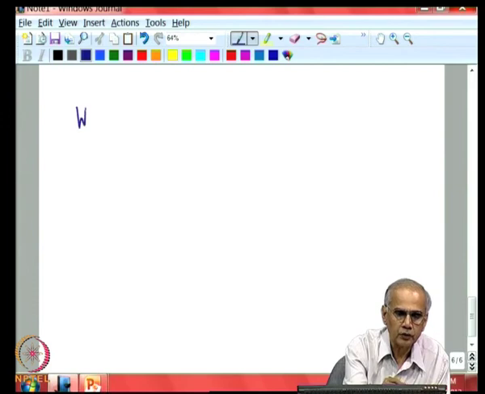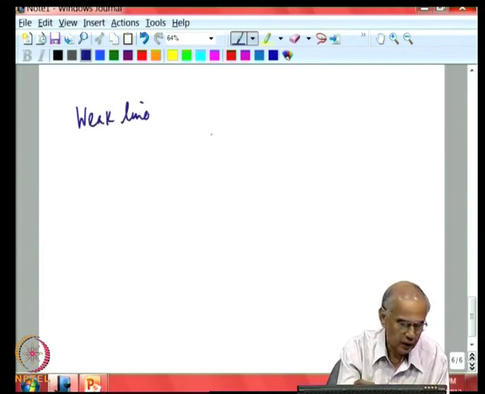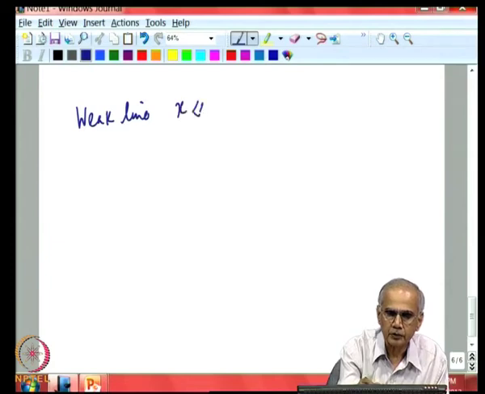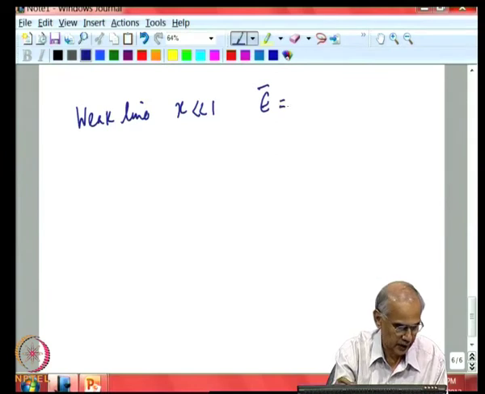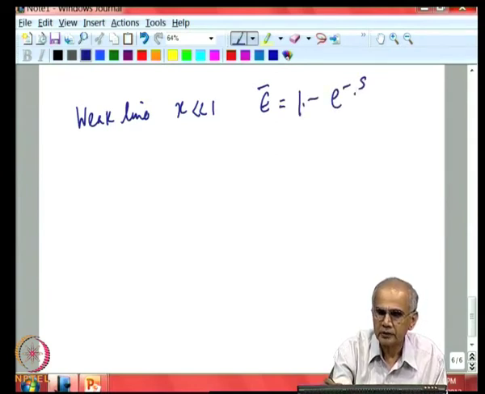One is of course the so called weak line limit, that is when the path length is very small, then one can show that the mean emissivity of the gas is 1 minus e to the minus S x by d.